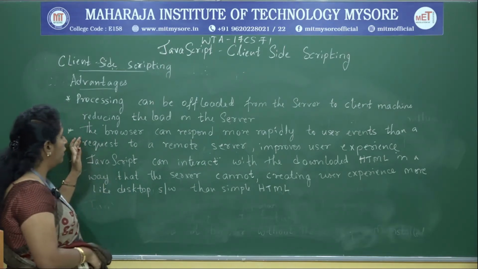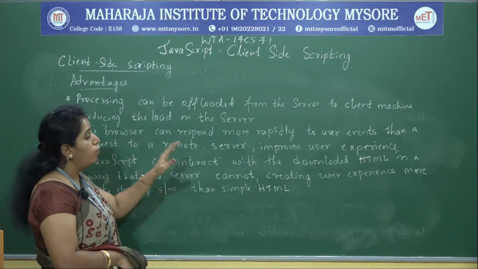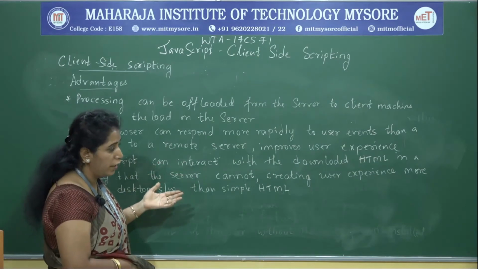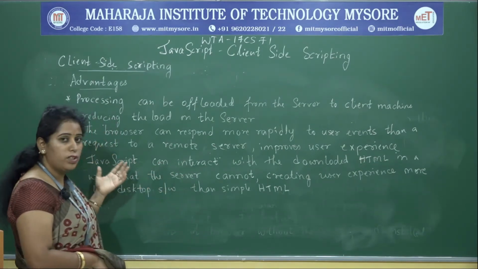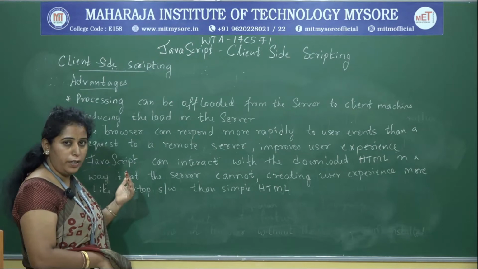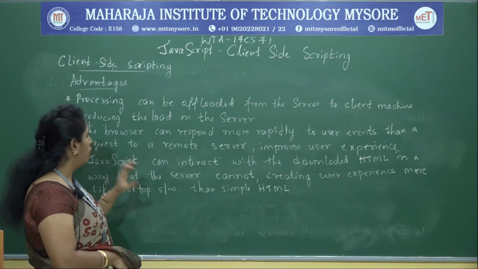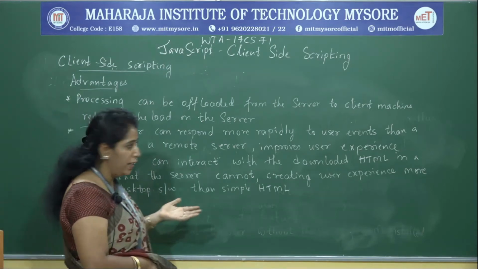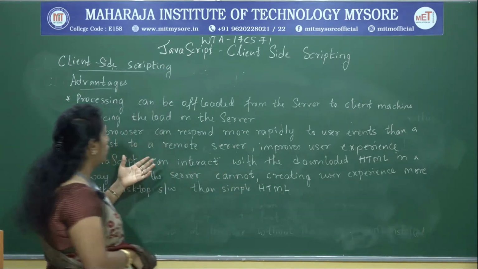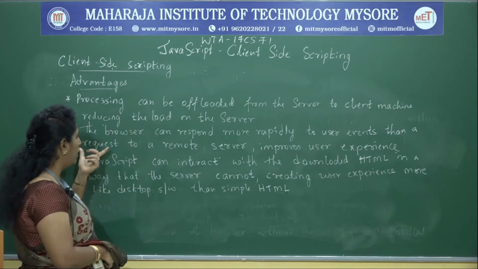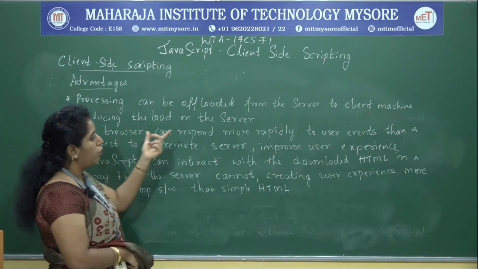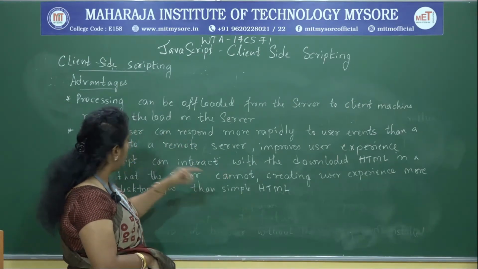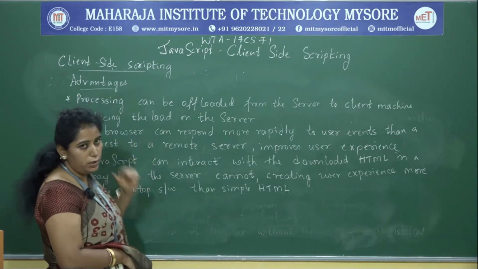The second one says that the browser can respond more rapidly to user events. In the sense, using a browser we are going to operate, is it right? So it can provide responses more rapidly, which improves the user experience. It means the browser can respond more rapidly to user events than a request to a remote server.